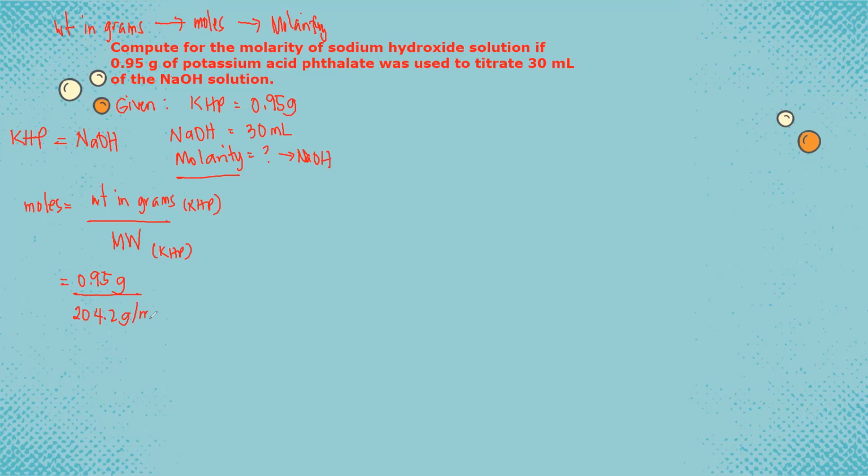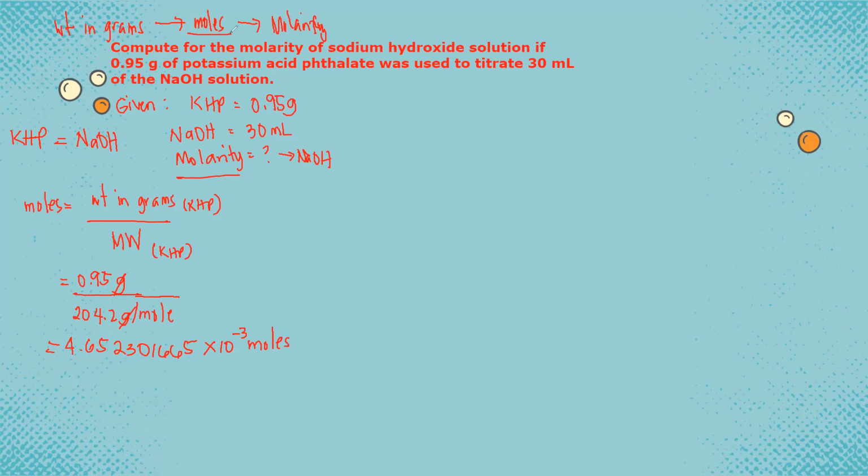Just memorize this na lang para hindi kayo pabalik-balik mag-compute ng molecular weight ni KHP. So let us cancel the grams. Our number of moles here is, let us solve. This is 4.65230.1665 times 10 raised to the power of -3 moles.